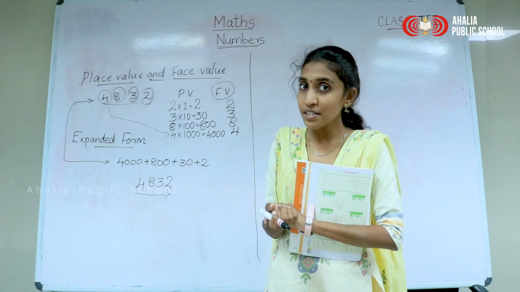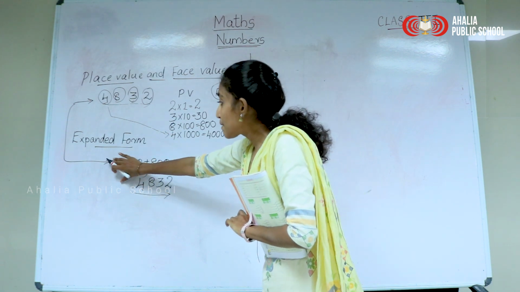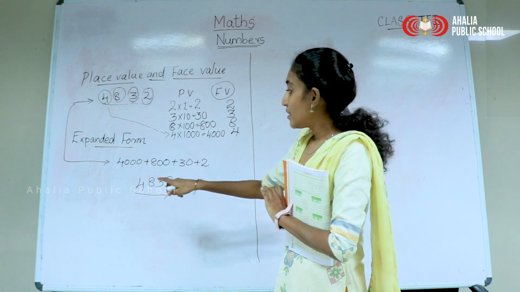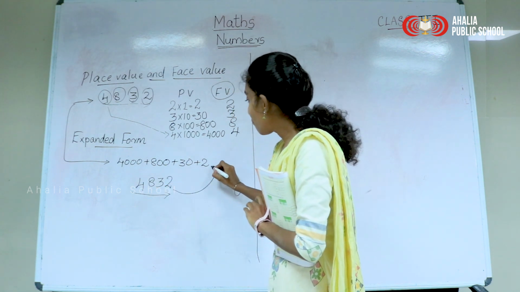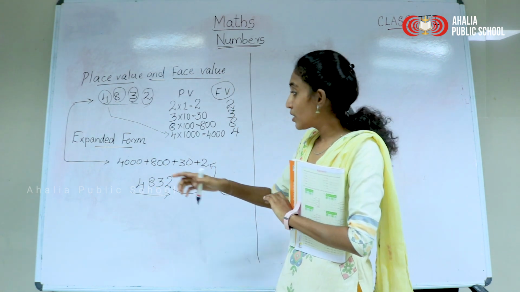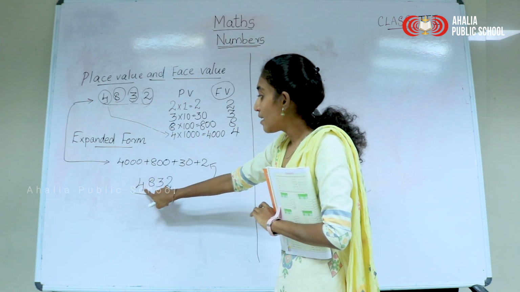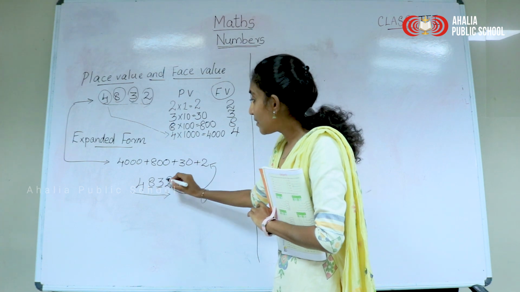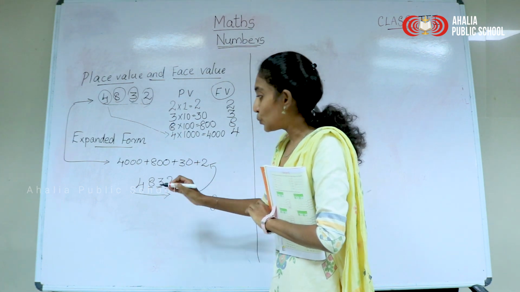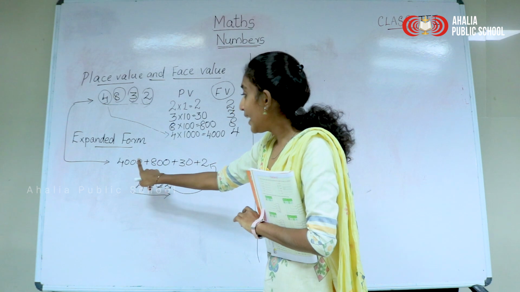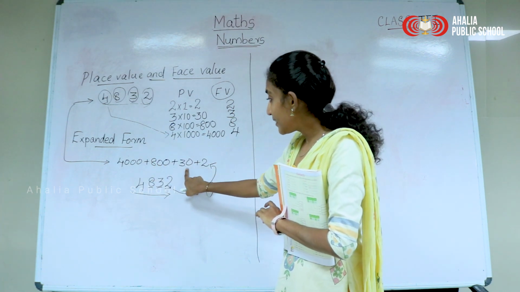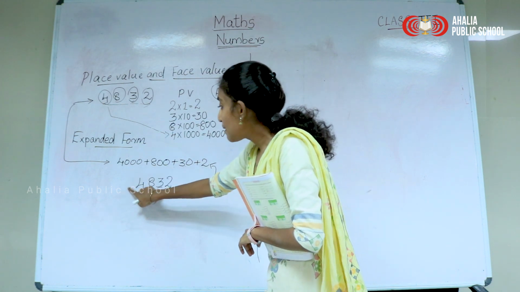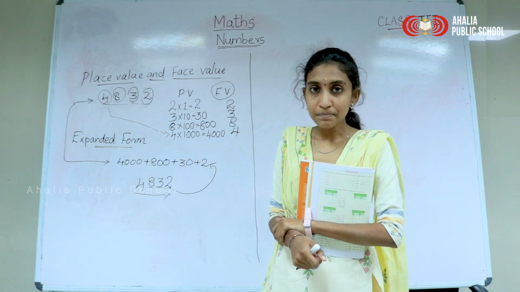Yes, we will expand each number. That is expanded form. So, I have given the expanded form of this number. Have a look. 4000 plus 800 plus 30 plus 2. 4832. So, this is the expanded form of this particular number.